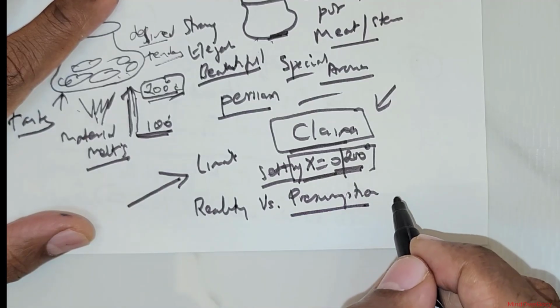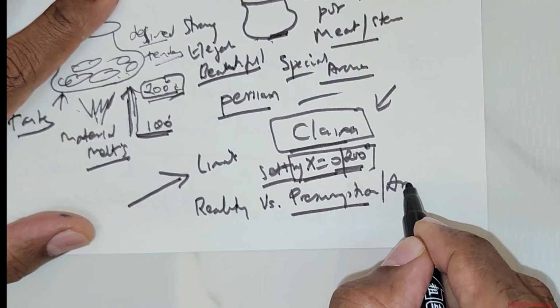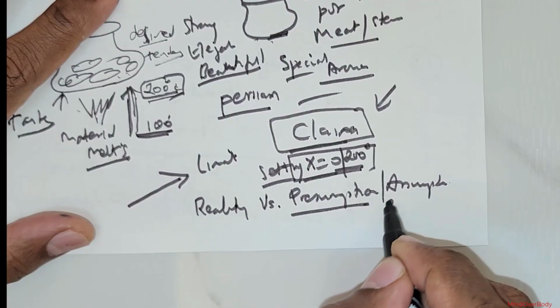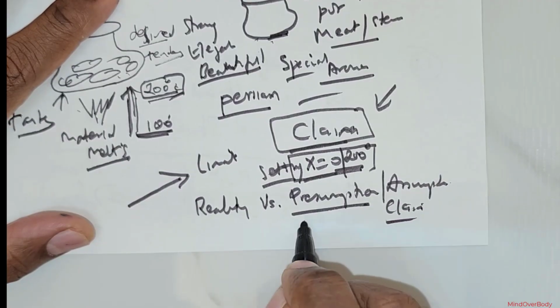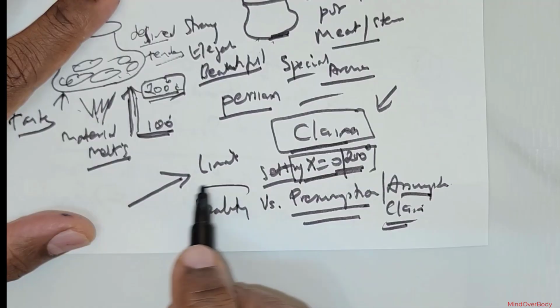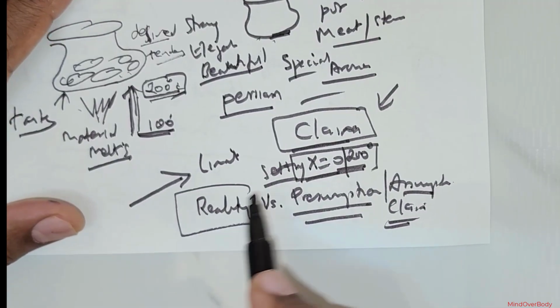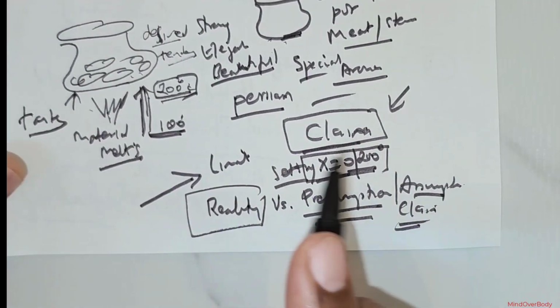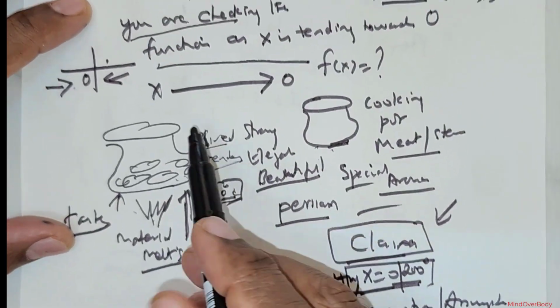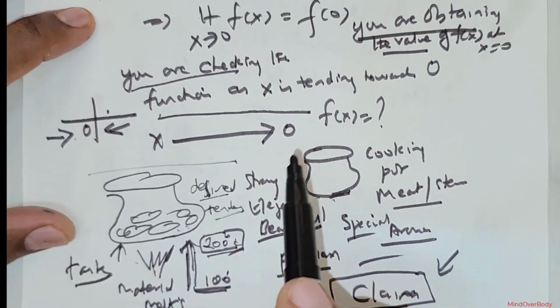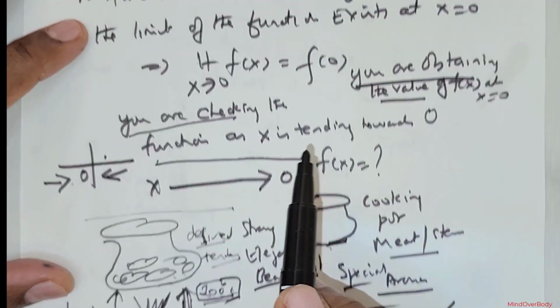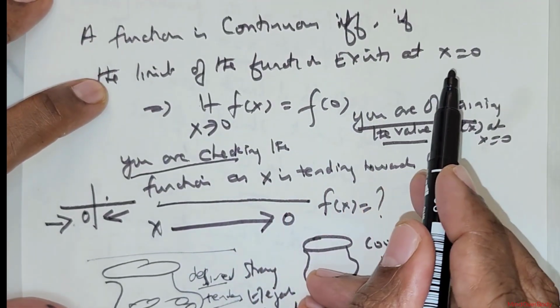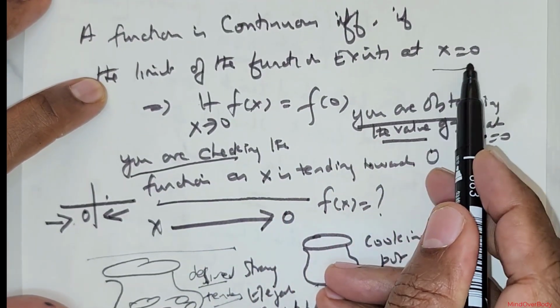You can replace the word presumption by assumptions or claim, anything for that matter, right? So when reality hits, the story is in a different light. This is more to illustrate the understanding of what it means, limit of a function exists at the point that we are looking for.